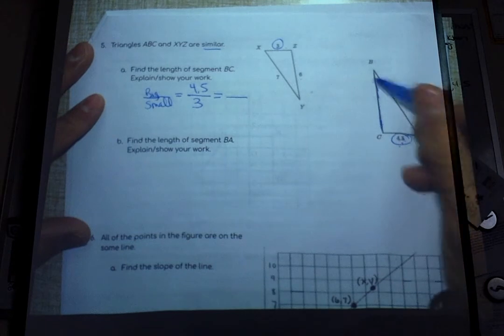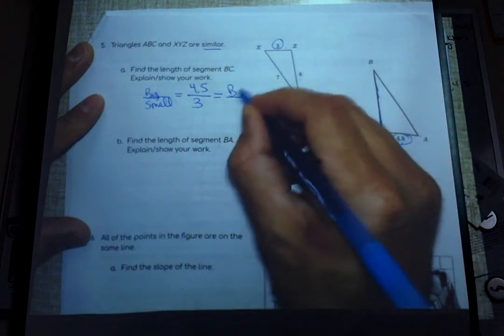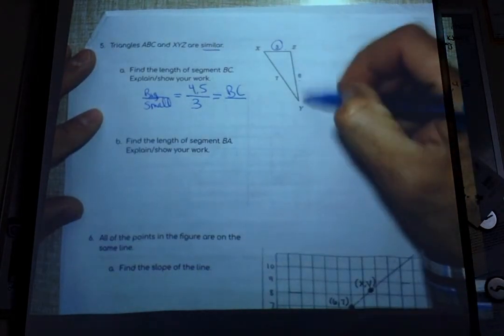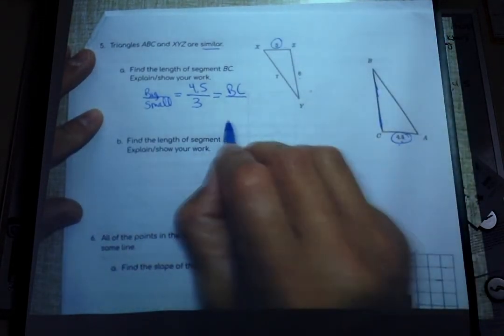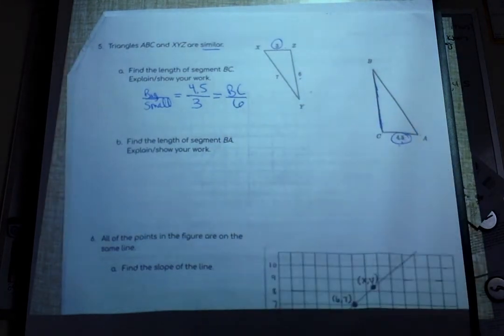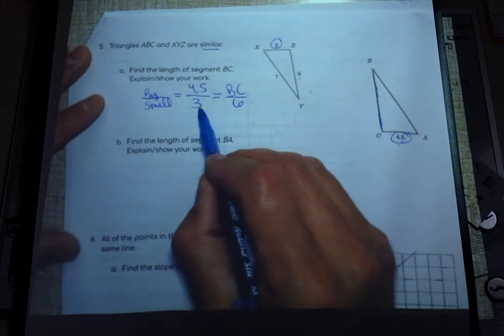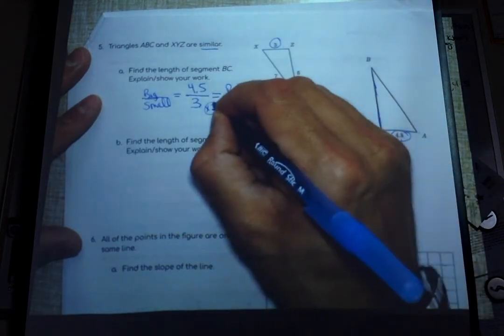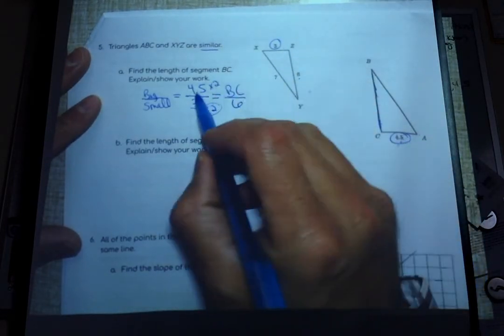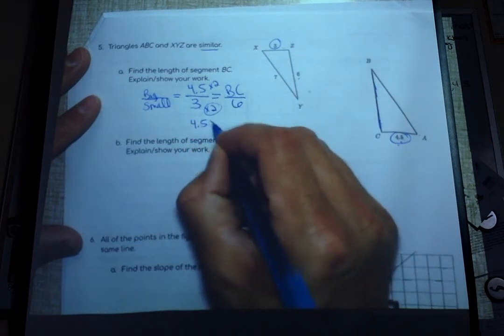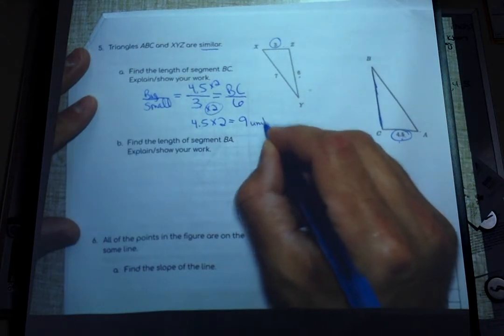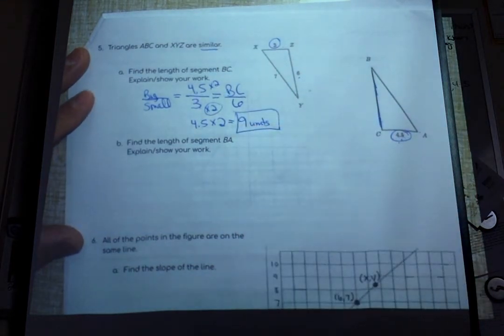Now I want to know what BC is, so I'm going to write just BC, and BC goes with YZ. And that distance is 6, we know that. So there's a couple different ways we can figure this out. We can ask ourselves, well, what times 3 will get you to 6? Well, 3 times 2. So what we do to the bottom, we have to do to the top as well. So 4.5 times 2 equals 9. So 9 units would be our answer.